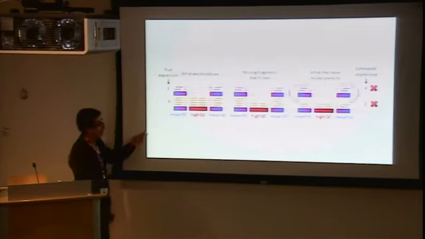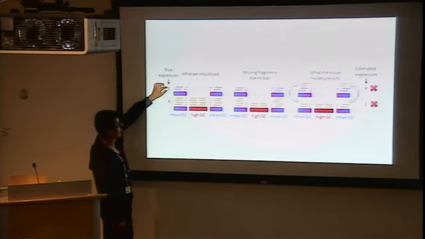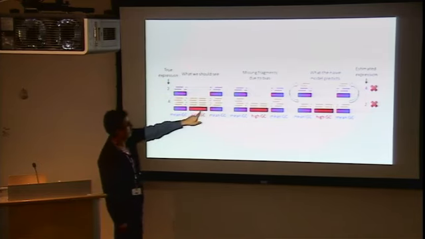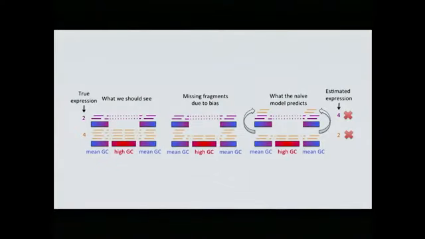Here's what's happening. This is a cartoon again. You start out with reads from 2 transcripts, 4 from here, 2 from here. But if this exon has high GC content, then the fragments coming out of that exon are going to be lower in that lab. So the data is going to look like this, right? Some of them are going to disappear.